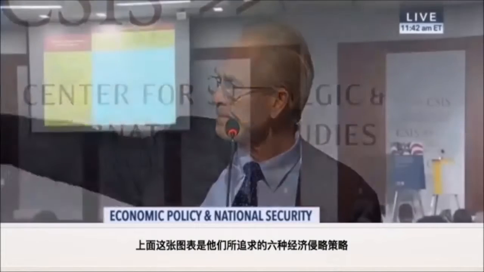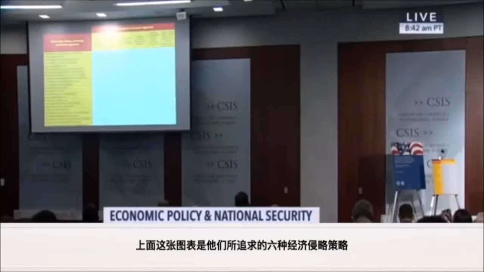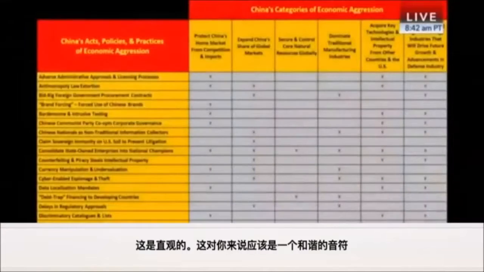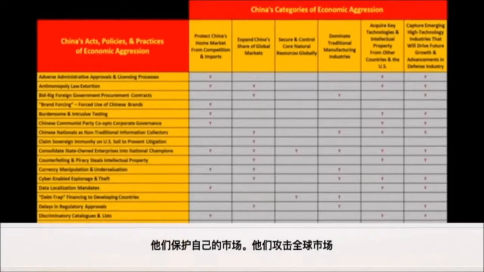And so, what you have on this chart at the top is the 6 strategies of economic aggression they pursue. This is intuitive. This should ring a very harmonious note with you. You will understand this immediately. What do they do? They protect their markets. They attack global markets.